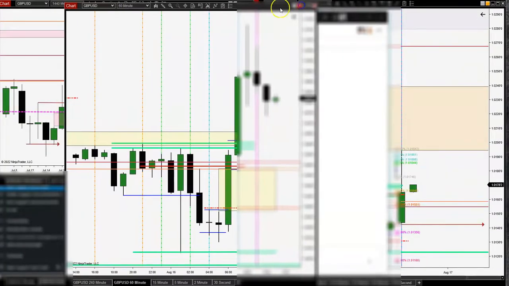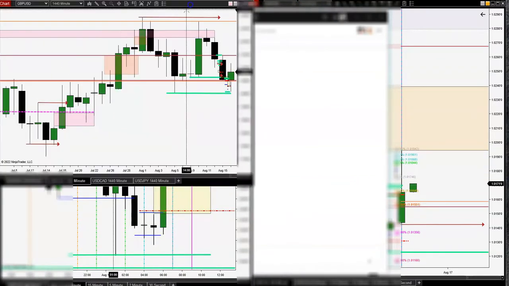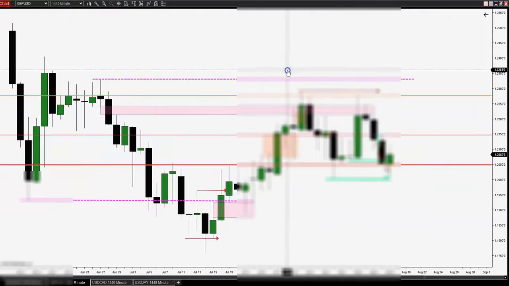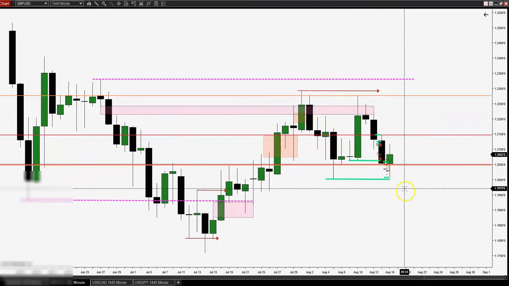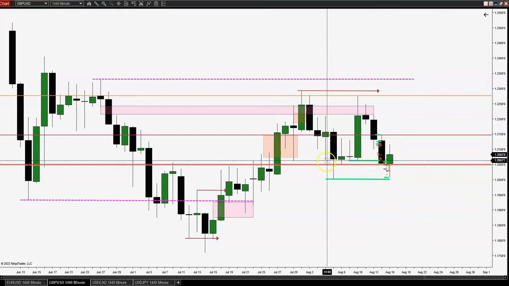I wasn't going to do it, but let's just go ahead and bring out the daily here. Here's the daily chart for pound dollar. And yeah, this one definitely doesn't look a lot like the euro dollar.